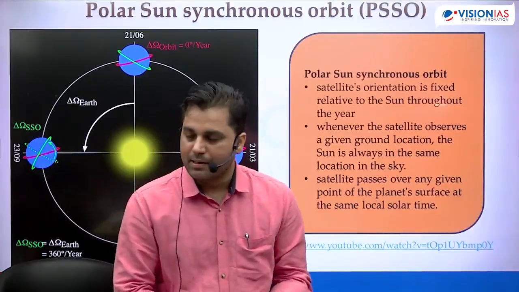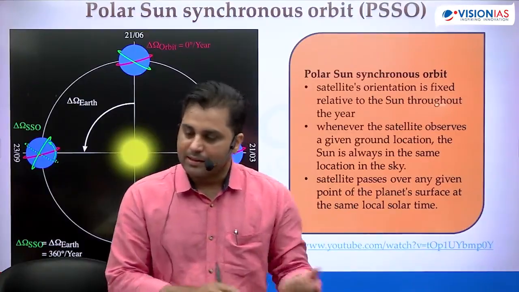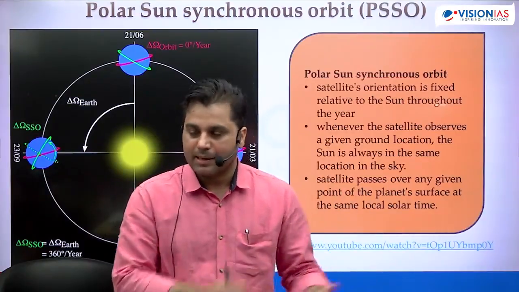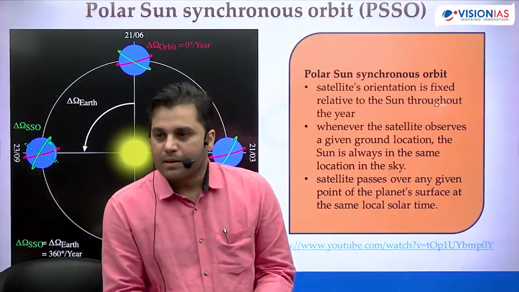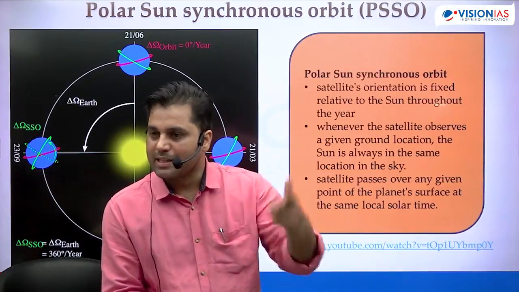Right? So even in Mangalyaan or Chandrayaan 3 or Chandrayaan 2 or Chandrayaan 1 for that matter, every such mission we will be using such type of orbital maneuver mechanism ki hum orbit ko change karte rahenge.